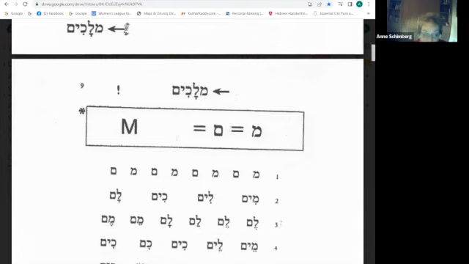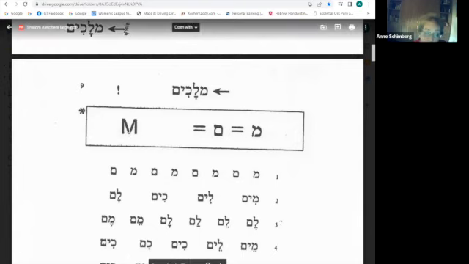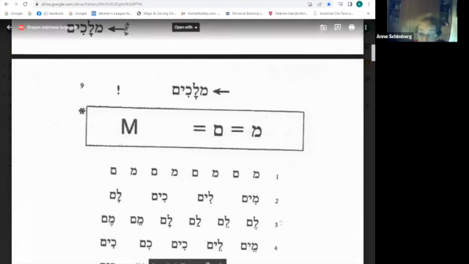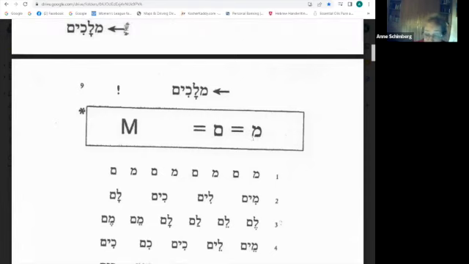Just so you see the mem sound, which is an M sound. Here's your mem. It has a little opening at the bottom, and our final mem is all closed. A lot of people have trouble with that final mem for some reason, but it is the final mem.